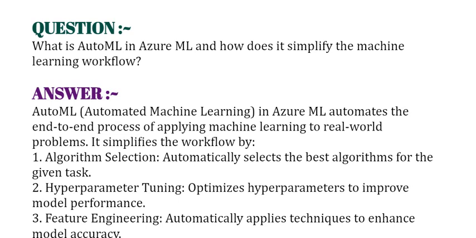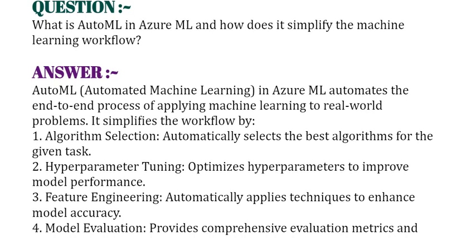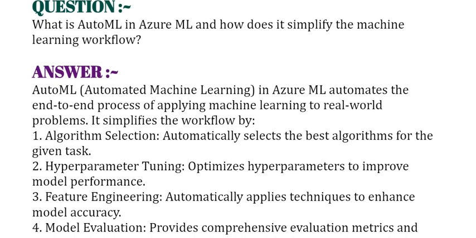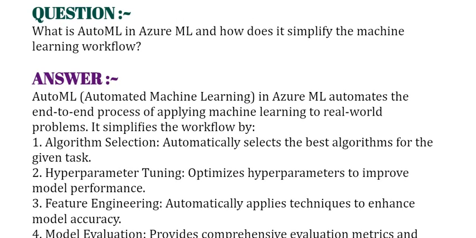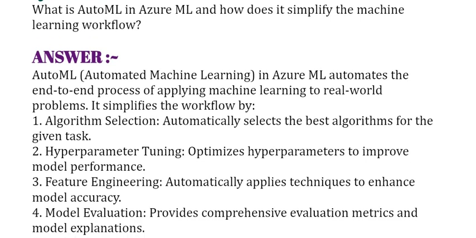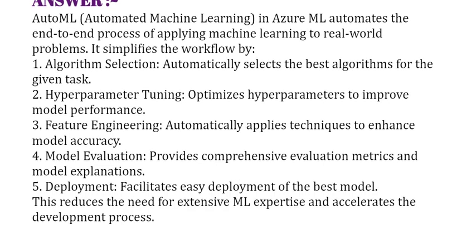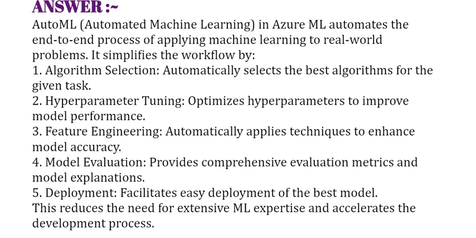Our next question is, what is AutoML in Azure ML and how does it simplify the machine learning workflow? Your answer should be: AutoML, automated machine learning in Azure ML, automates the end-to-end process of applying machine learning to real-world problems. It simplifies the workflow by algorithm selection, which automatically selects the best algorithm for the given task. Hyperparameter tuning optimizes hyperparameters to improve model performance.